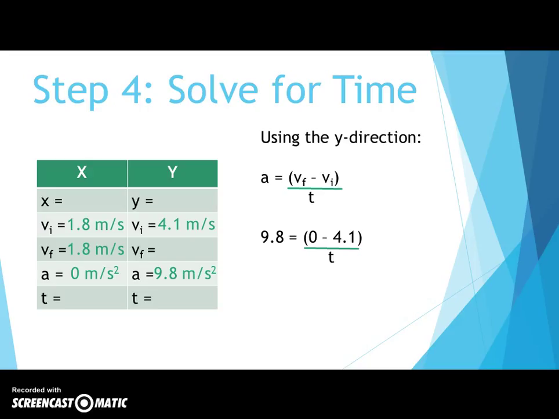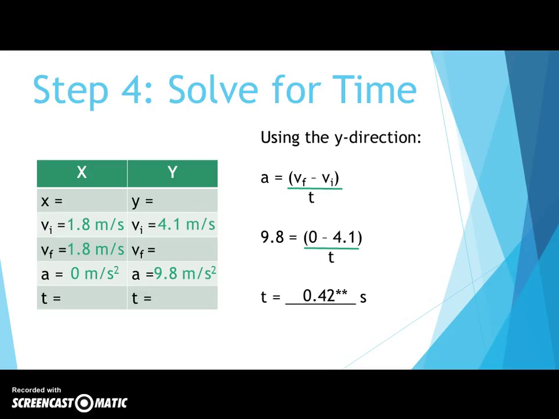We have 9.8 as our acceleration, 4.1 is our initial velocity. We have 0 as our final velocity because it does briefly stop at the top, and we're going to solve for t. Now, if you take a look at the image that you should have drawn, when we solve from the start position to the top point, we're only solving for half the problem. So when you do this calculation, you should get 0.42.